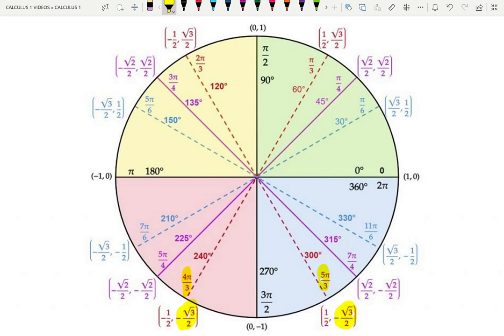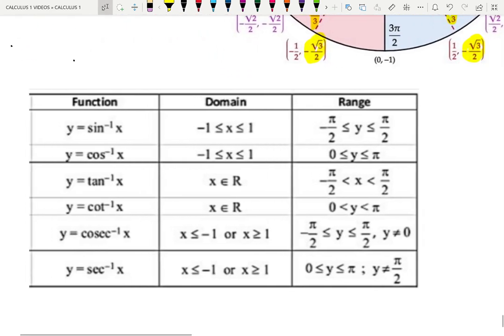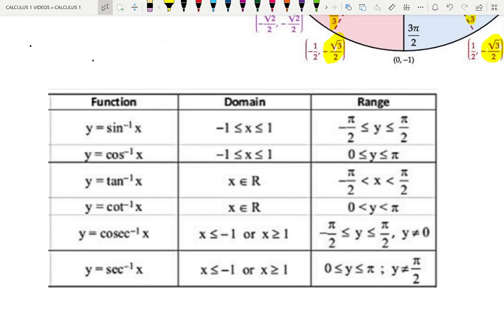The thing is, even though sine and cosine both exist for all possible x from minus infinity to infinity, that's its domain, we have to restrict the domain in order to have the inverse function. What I'm talking about is this table. Inverse sine function only exists on the restricted domain.